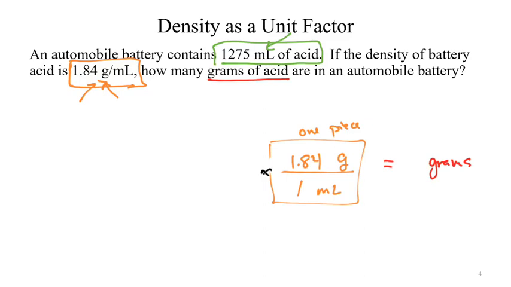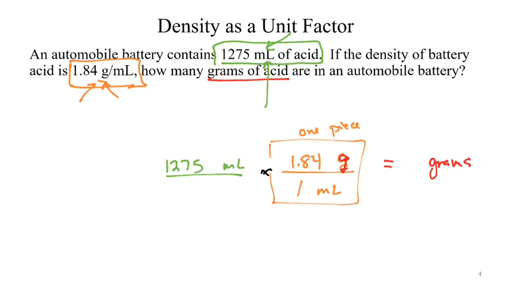If we now look at our solve, we're doing okay because we got grams in the numerator, which is what we want, but I have milliliters in the denominator. I don't want milliliters, so I need milliliters to appear in the numerator so that it cancels. Ideally, I'm given just milliliters. So I go back to the question and look at my given information. I am given just milliliters, 1,275 milliliters.